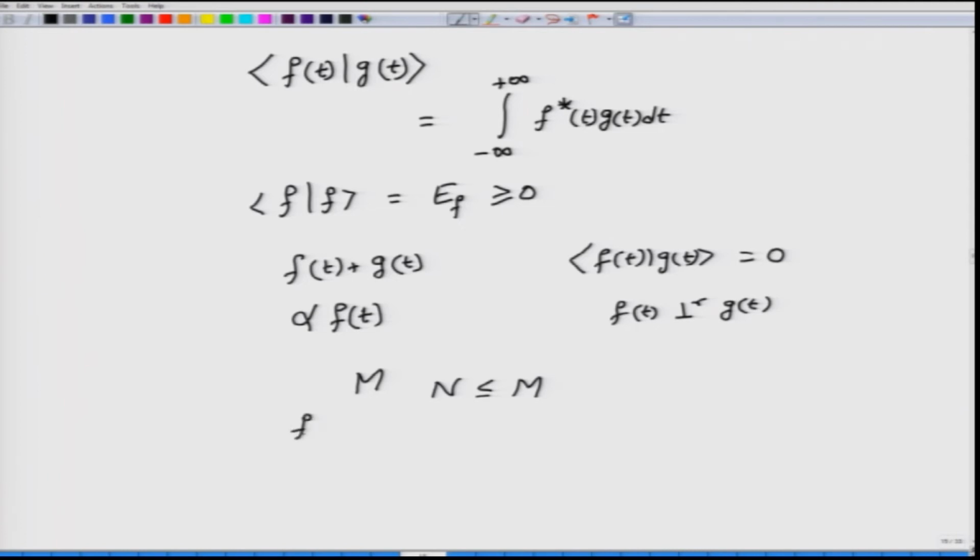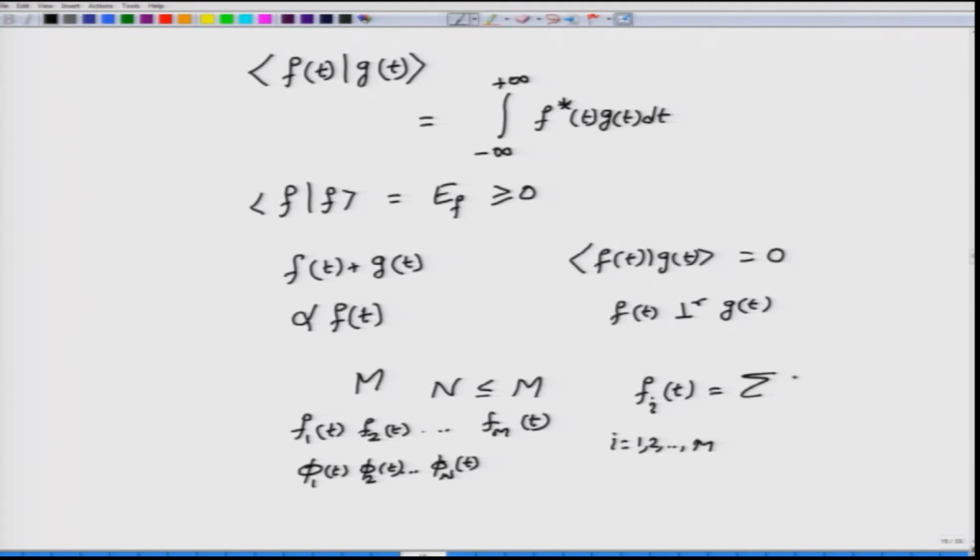Suppose m signals are labeled f1 of t, f2 of t and so on all the way up to fm of t, then it is possible for us to find the signals phi 1 of t, phi 2 of t all the way up to phi n of t, the number n being smaller than m. So, you have phi 1 of t, phi 2 of t and phi n of t, such that any ith signal, where i can be 1, 2 all the way up to m, can be expressed as a linear combination of these phi j of t signals.